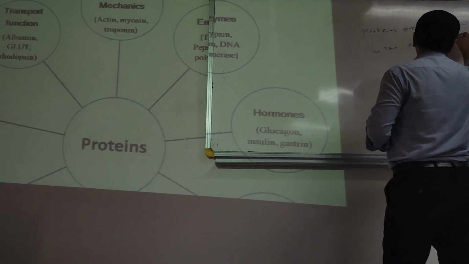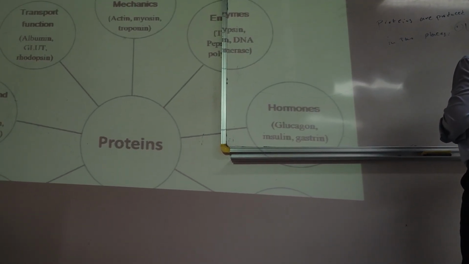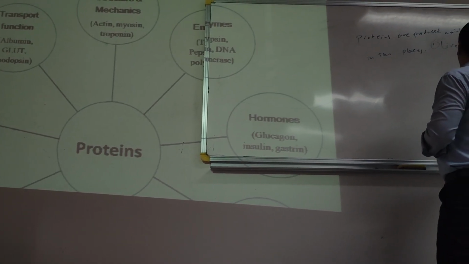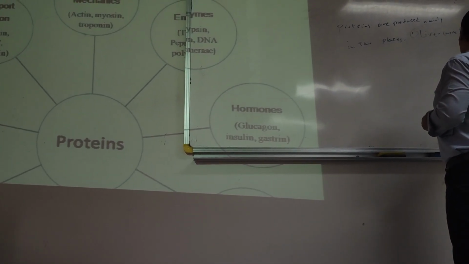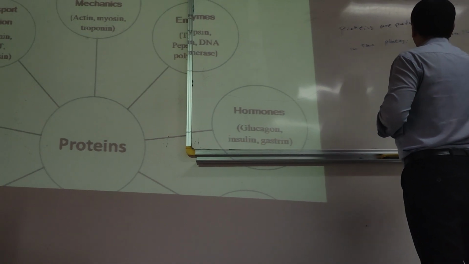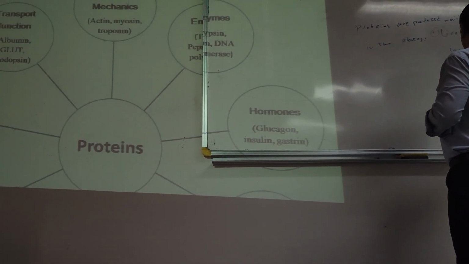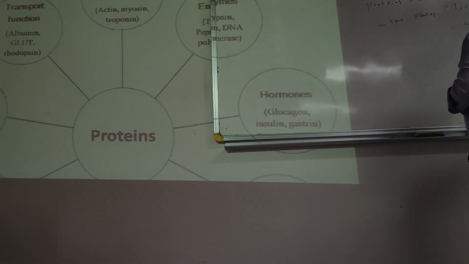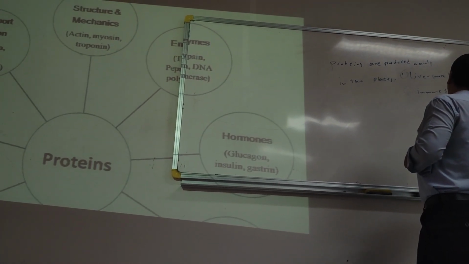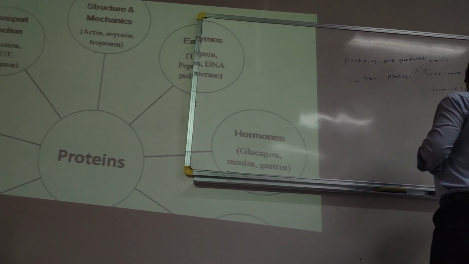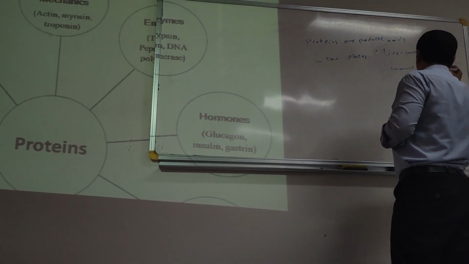The first one is our liver, more than maybe 80%. The next one is our immune system. I mean B lymphocytes.